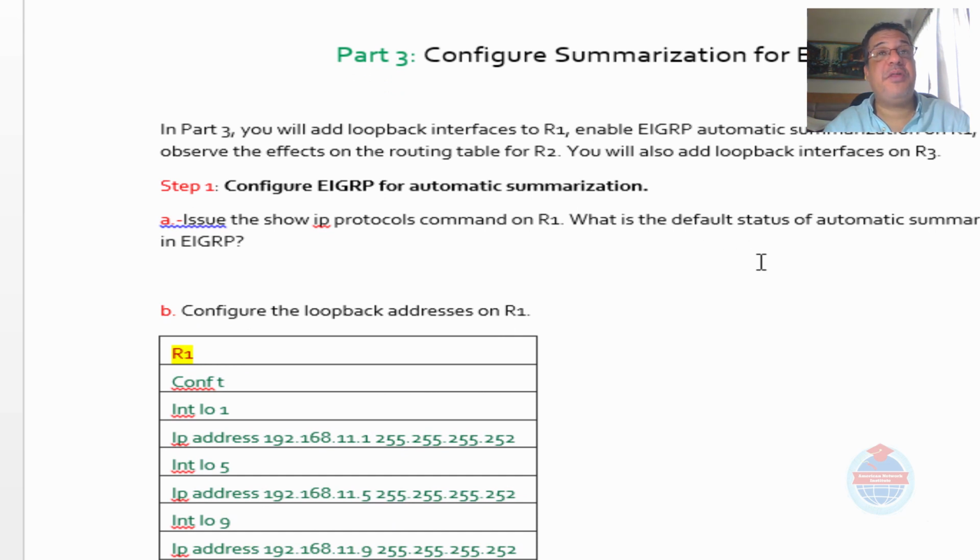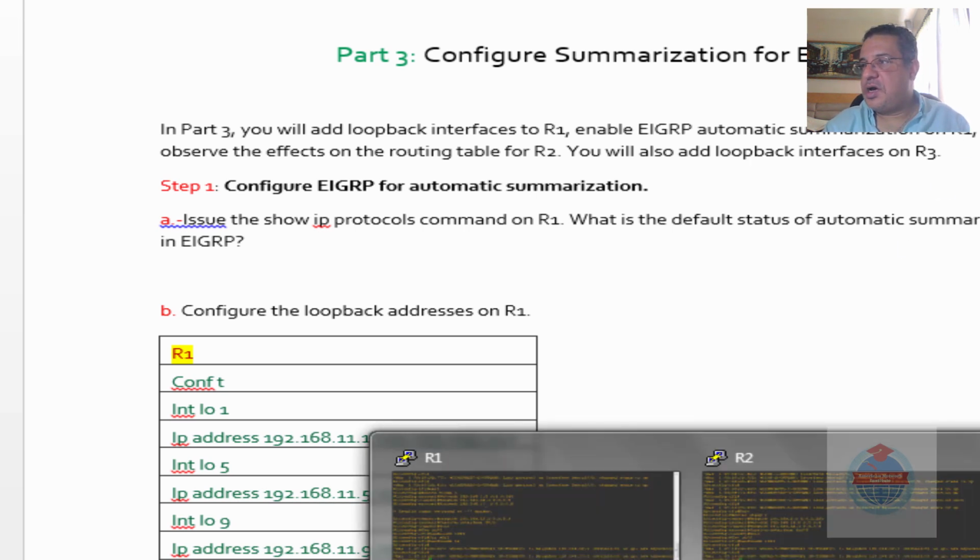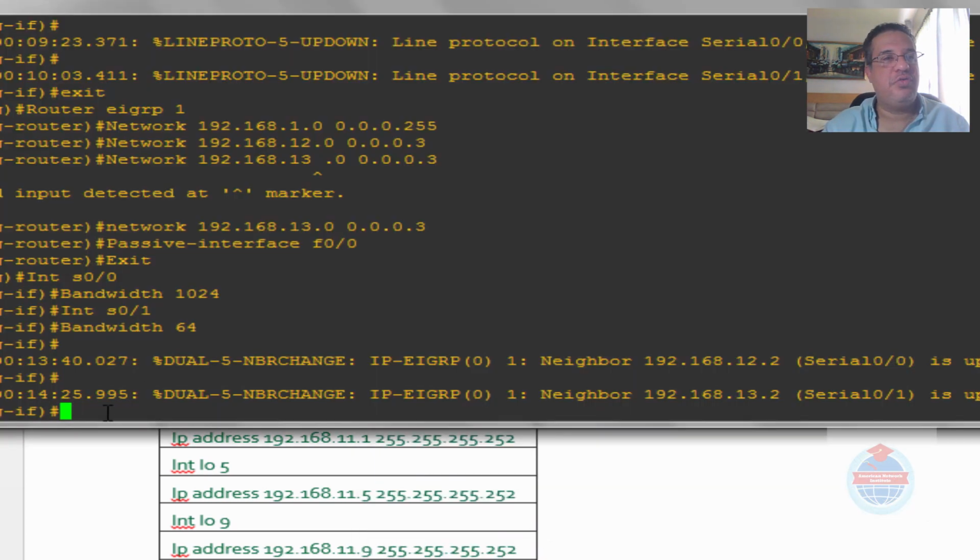Part 3, configuring summarization of EIGRP. Issue the show ip protocols command on R1. What is the default status of automatic summarization in EIGRP? To do that, we're going to issue the show ip protocols command. So give me 2 seconds, guys.